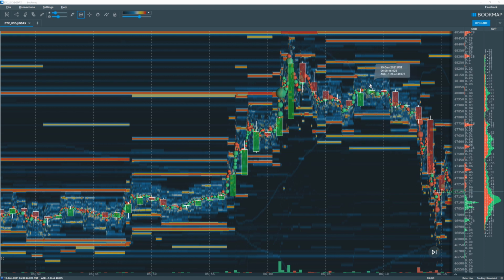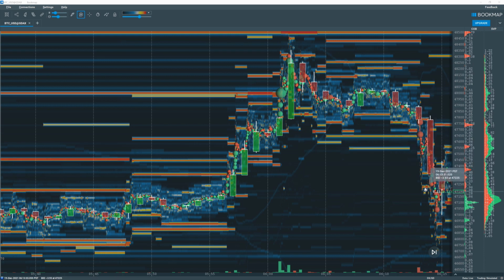You can see the abundance of supply up here, but there's less demand down here. So when supply exceeds demand, the price falls. And it falls and falls. And you see this giant red candle here, and you see these buy walls down here disappearing as the price falls.